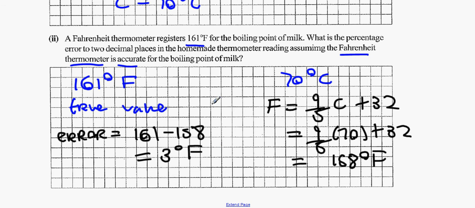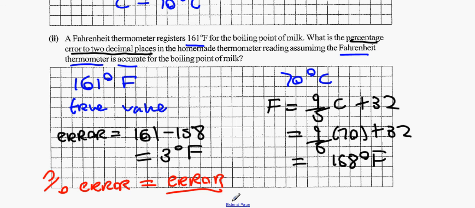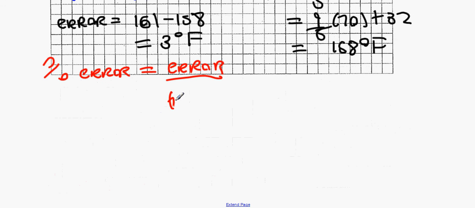Now we want the percentage error to 2 decimal places. So percentage error equals error divided by true value multiplied by 100 over 1.